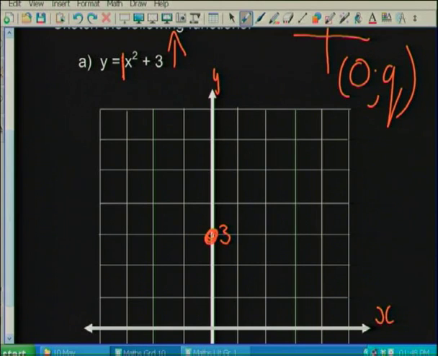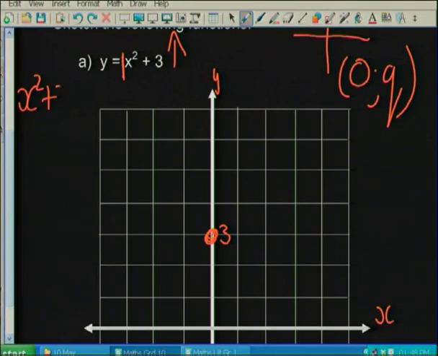Now, I can clearly notice that this graph is not going to intersect the x-axis, okay? Just from what I think the graph is going to look like, it's not going to intersect the x-axis, but let's have a look quickly why. What do we do if we want to get the x-intercept? We make y equal to 0.